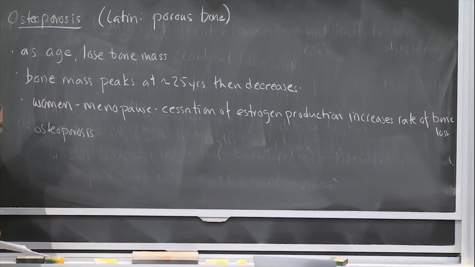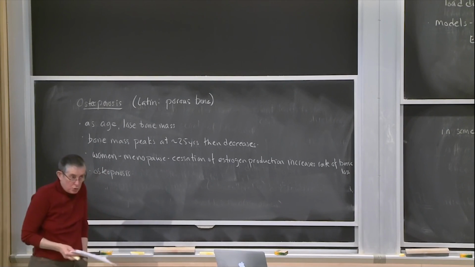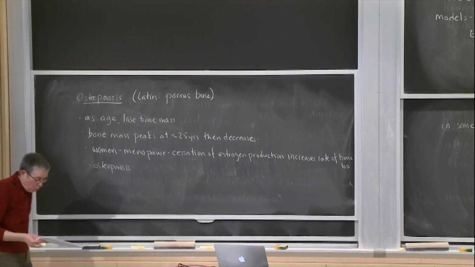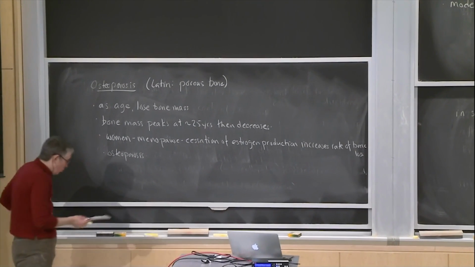And osteoporosis is defined as a bone mass 2.5 standard deviations or more below that of a young normal mean.